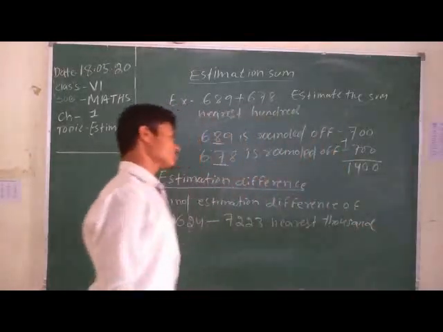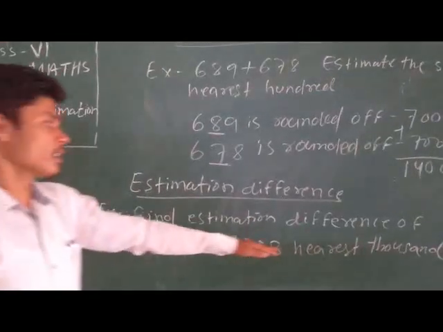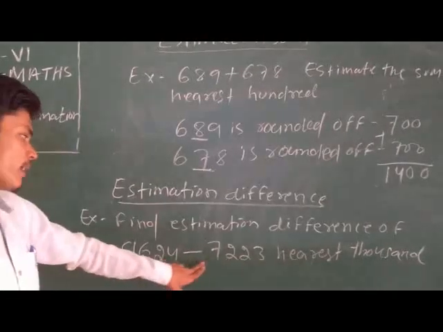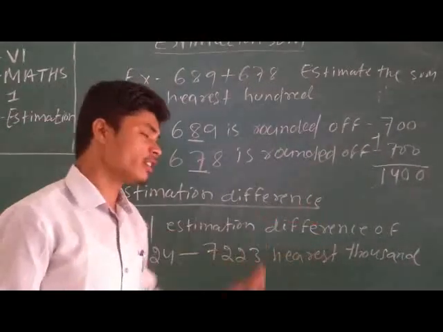Find the estimated difference of 9,624 minus 7,223 to the nearest 1,000.